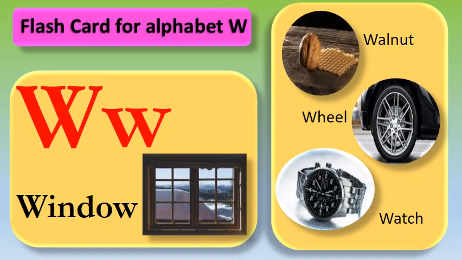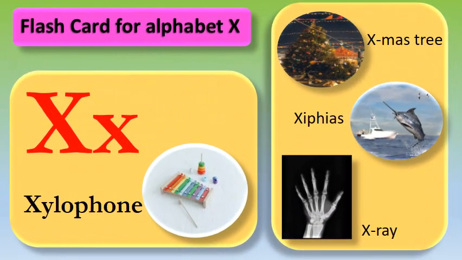Next, W for window, W for walnut, W for wheel, W for watch. Next, X for xylophone, X for Xmas tree, X for Xiphias, X for X-ray.